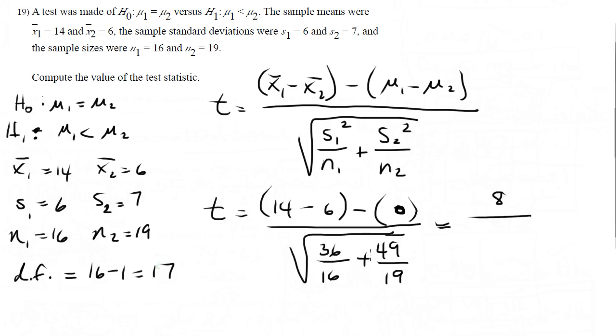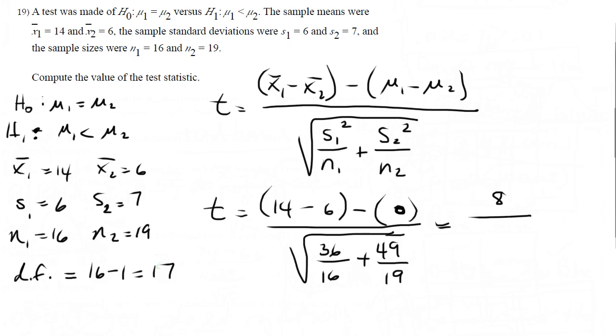Let's put all this in the calculator and see what we get. So I've got the square root, second square root of 36 divided by 16 in parentheses, still in the square root, plus, in parentheses, 49 divided by 19.